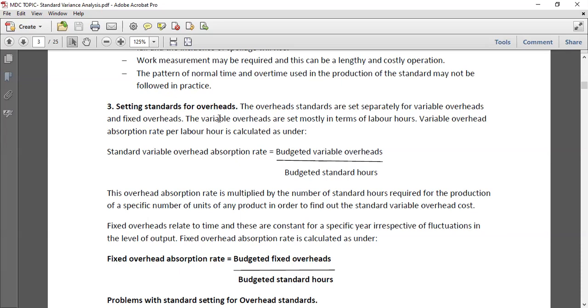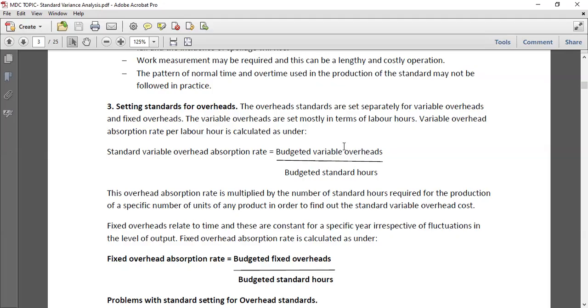In setting standards for overheads, we have a breakdown between the variable overheads and the fixed overheads. When setting standards for the variable overheads, we adopt the standard variable overhead absorption rate, which is basically budgeted variable overheads divided by the budgeted standard hours. That is very key for us to understand.